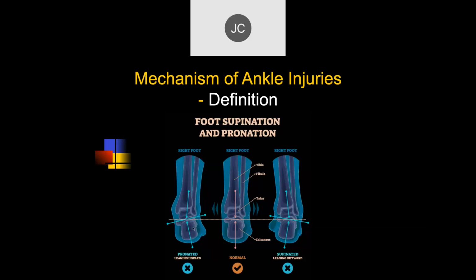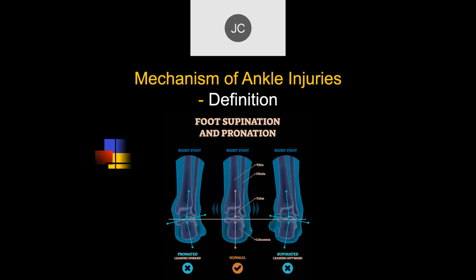So now foot supination, if we're talking about looking at the right foot, a pronated foot and ankle is where the talus angulates laterally. So you basically have hindfoot valgus in this type of injury. This places the calcaneus in valgus, external. Normal, you've got everything in the midline, and supination of the hindfoot is where the hindfoot goes into varus.